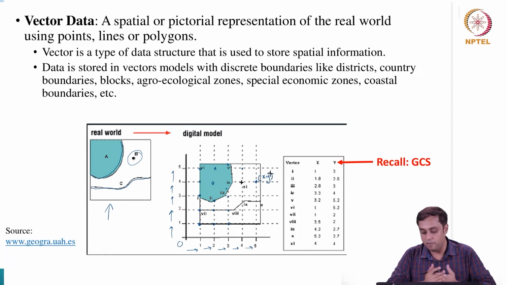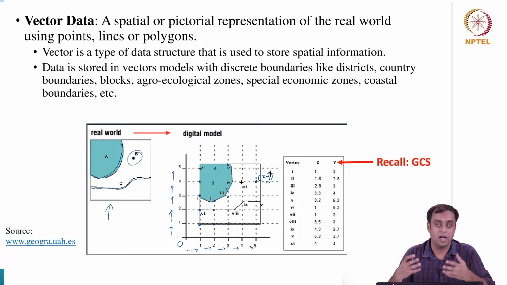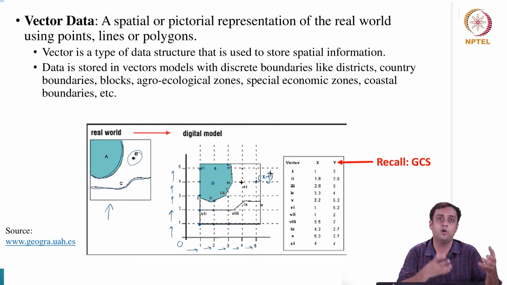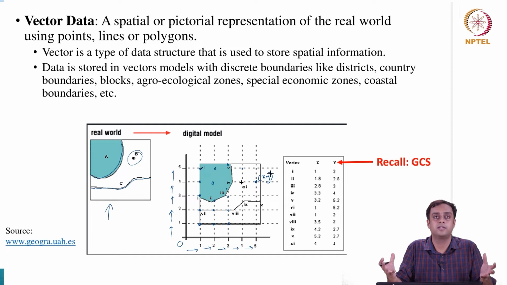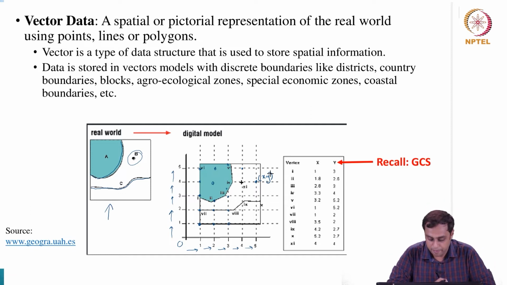And if you recall, when we look at these coordinates, we are basically using the GCS system of creating georeferencing and creating a geo-coordinate system, right. Something that we have studied earlier. I would motivate you to go back and look at it to understand how these coordinates will come about for a real world data set on land, right.